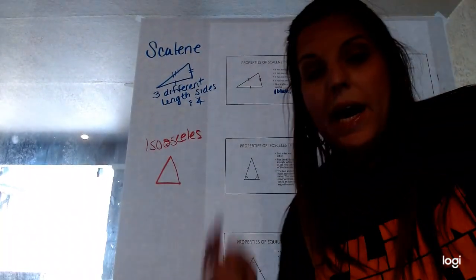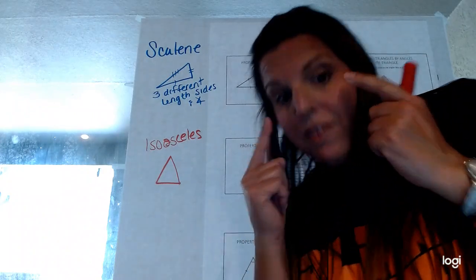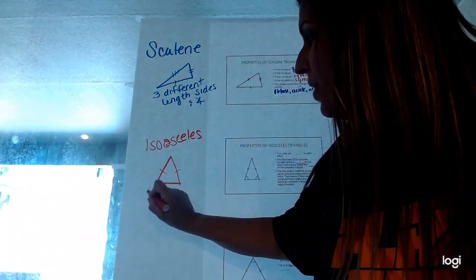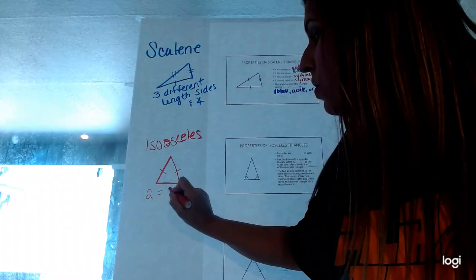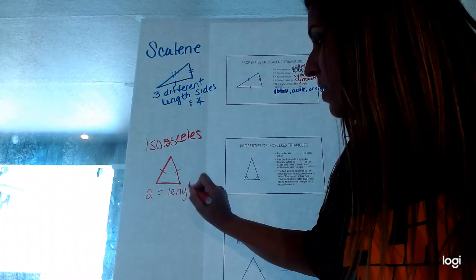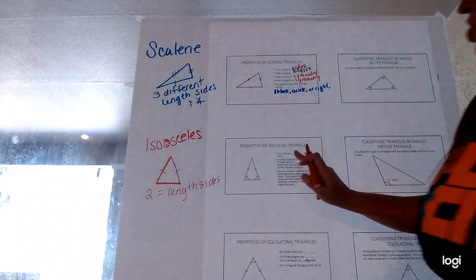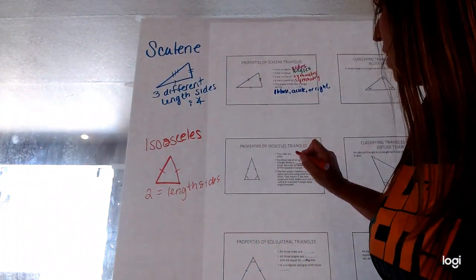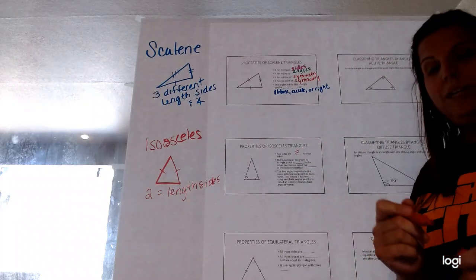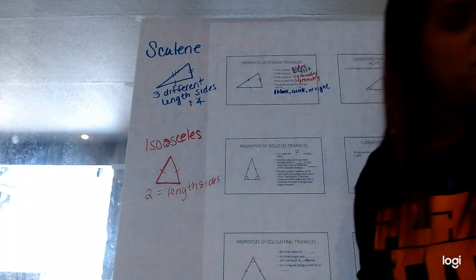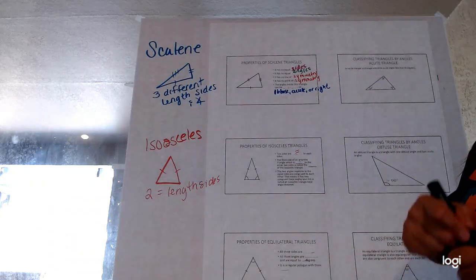The first word, I have two what? Eyes. Isosceles. I have two sides that are equal. Two equal length sides. Two sides are equal to each other. So that's an isosceles triangle. You have two sides that are exactly equal to each other.